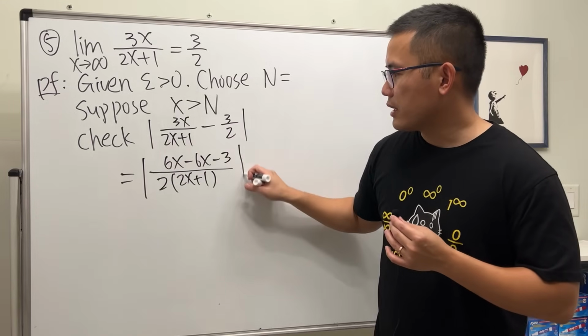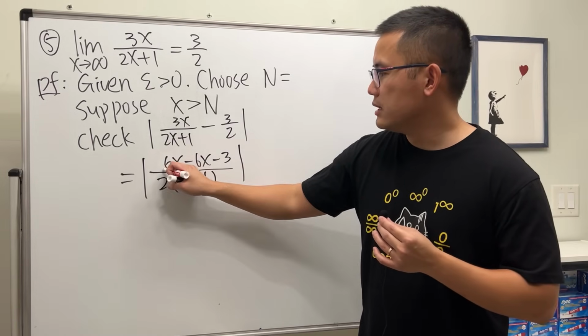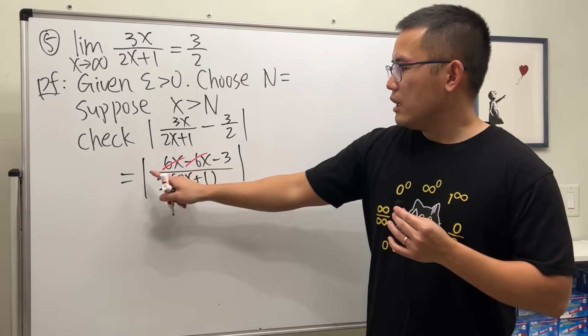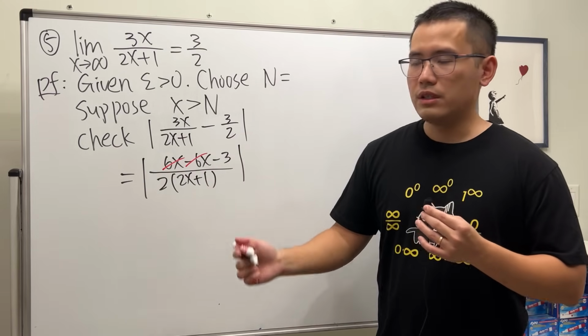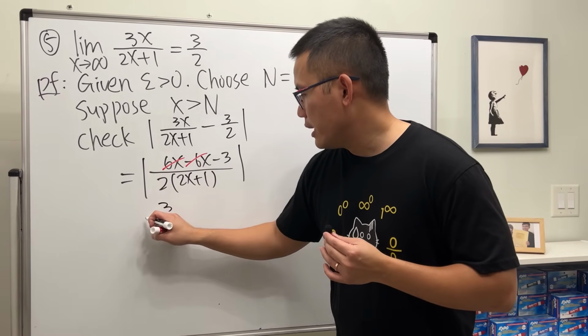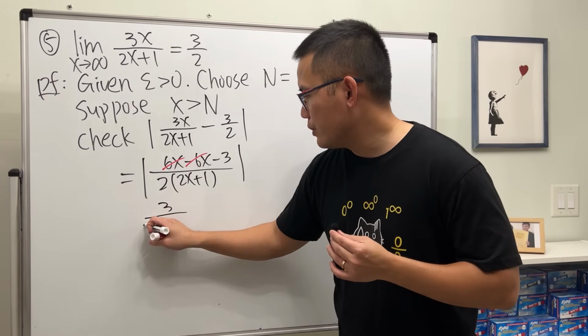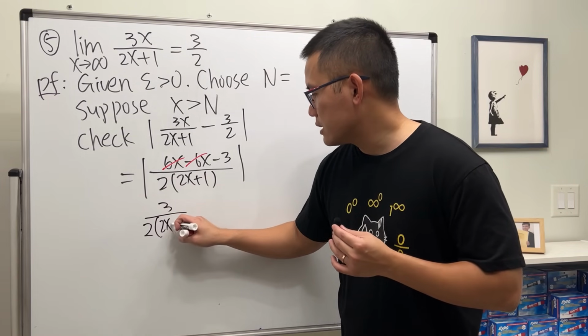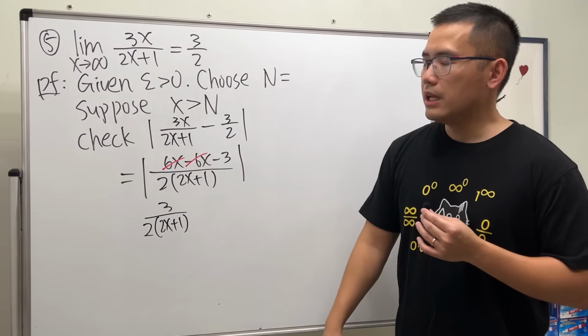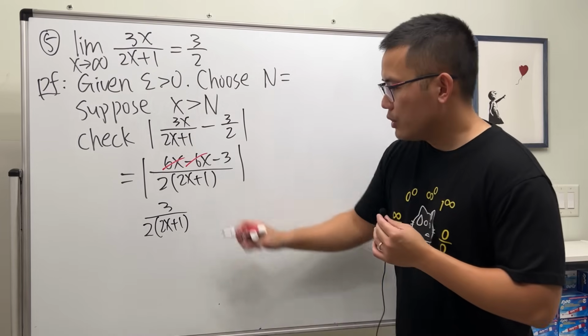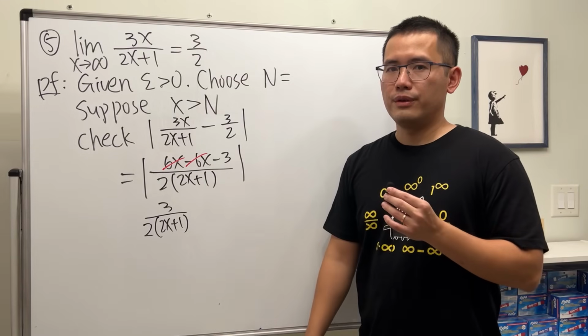I still need to put down the absolute value, but we notice this and that cancel. Absolute value of negative 3 doesn't matter, it's just 3. And then we have 2 times 2x plus 1. Now, here's the thing. Do we need the absolute value?